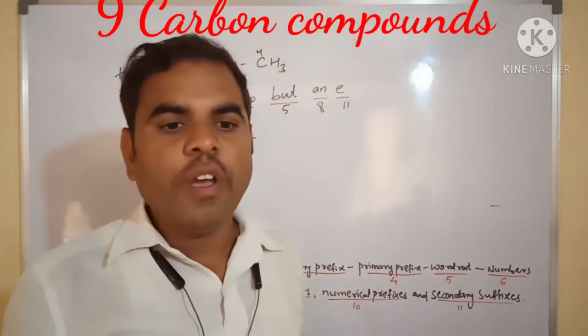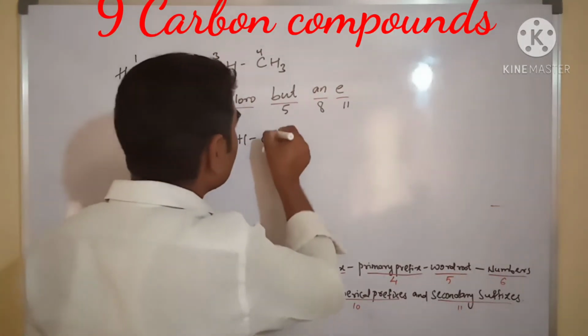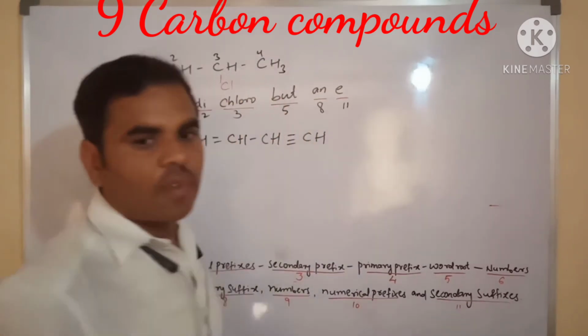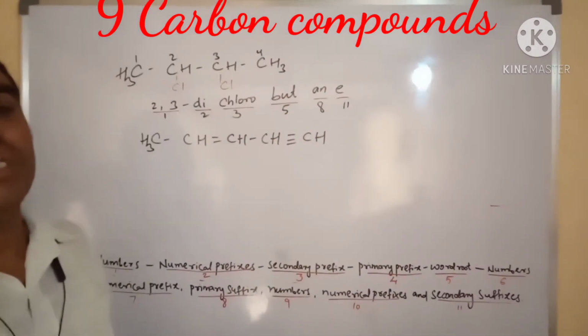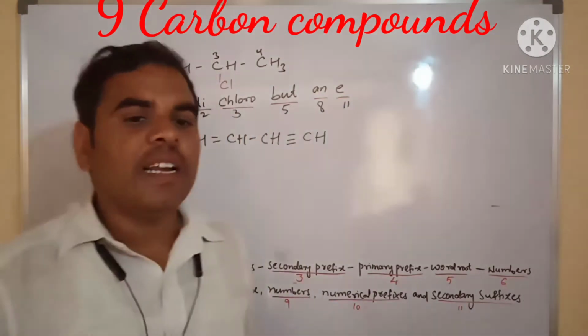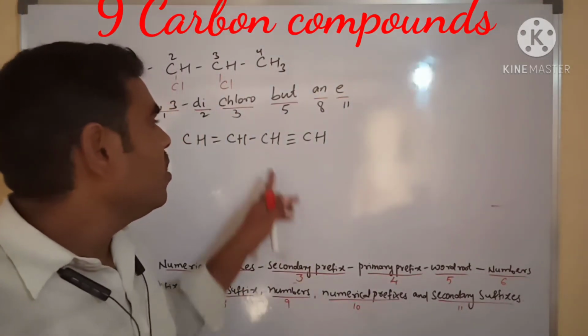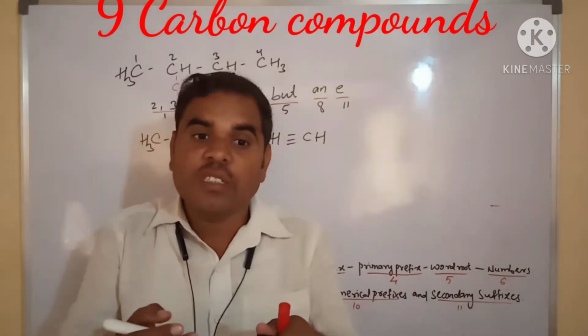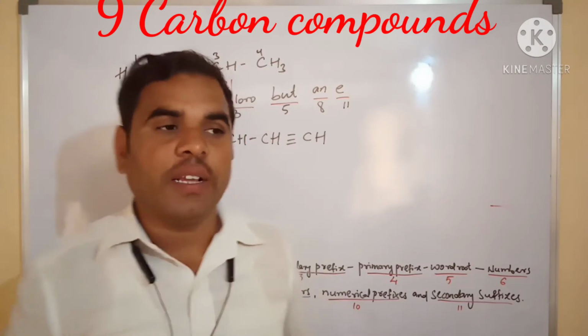Next we have to CH triple bond CH. Okay. Now we have to see here. We have to write the names. First we have to give the naming.